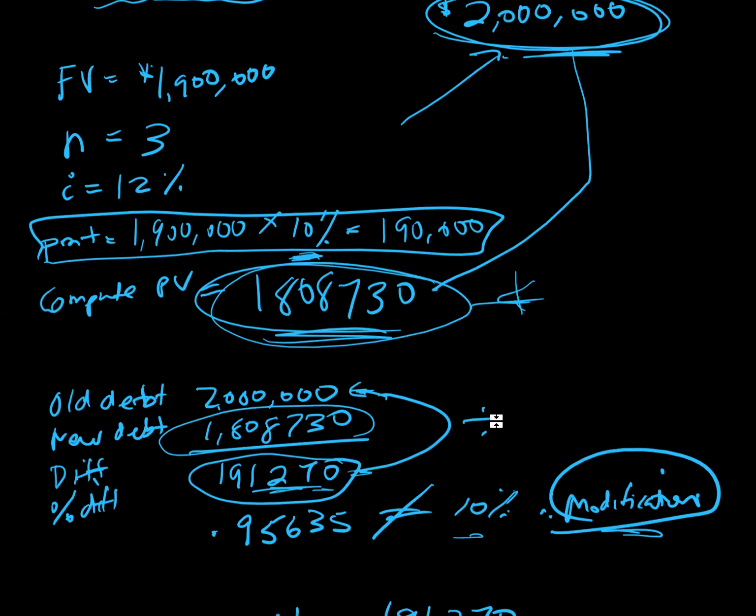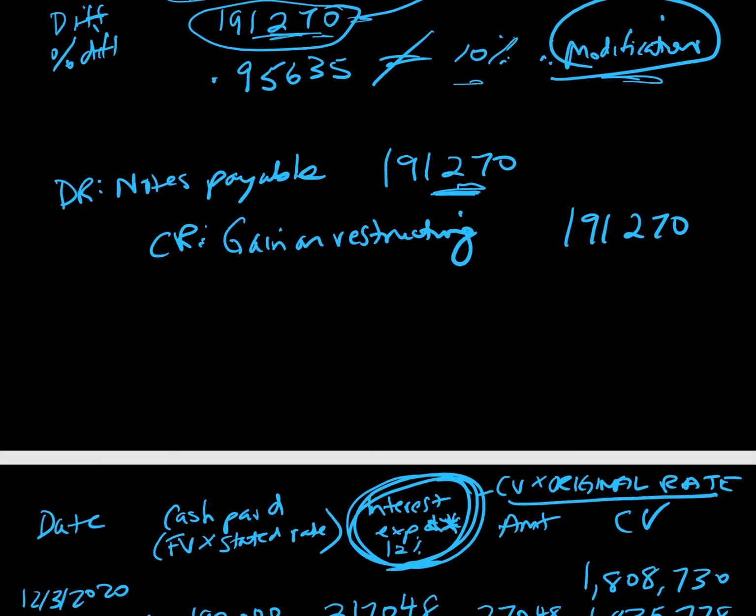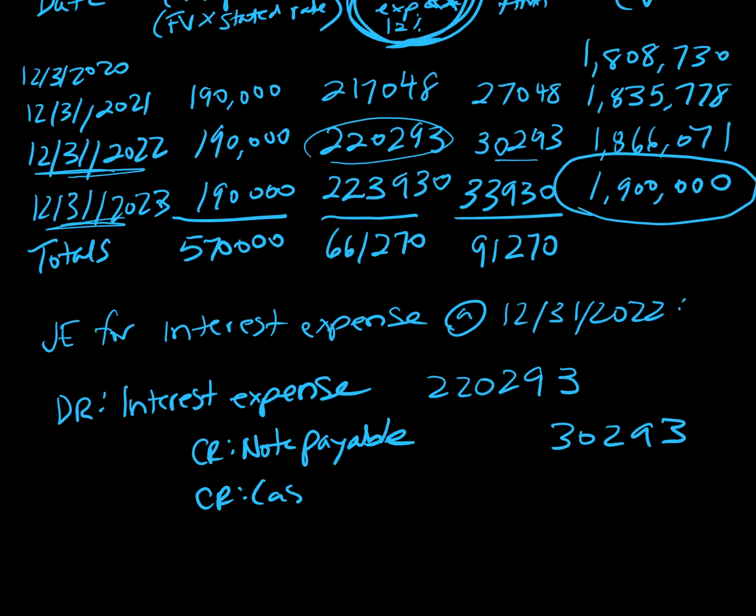Let me just double check. Yeah, 2022. Okay, that's the right period. And then we're going to have credit note payable, because as we're amortizing a discount, we're increasing the value of the note payable each period to get closer to that 1.9 million. So our credit to the note payable is going to be this number, 30,293. And we're also going to credit cash for the payment that we're making to Red Bank. We're going to issue a check to Red Bank for 190,000. So that's what our entry looks like for the recognition of interest expense.